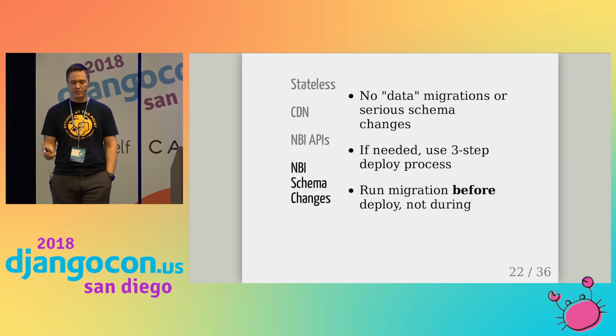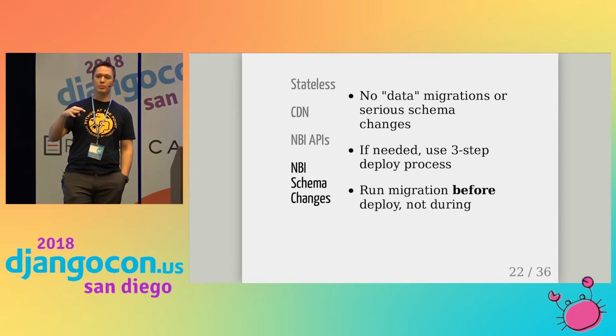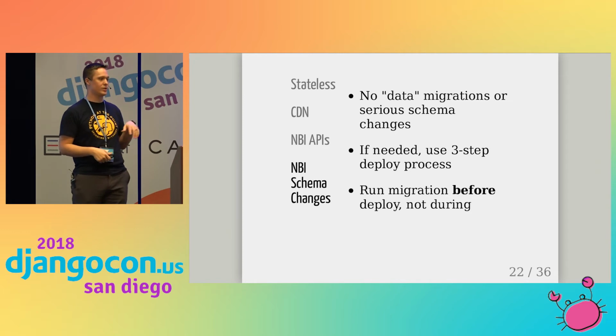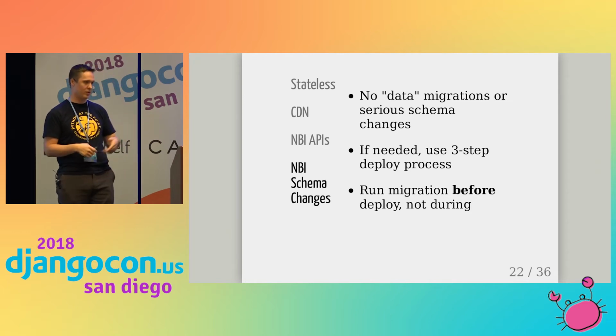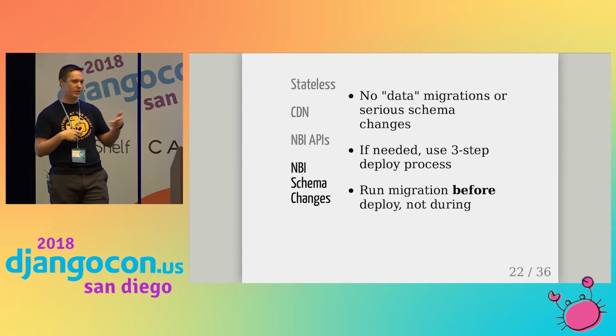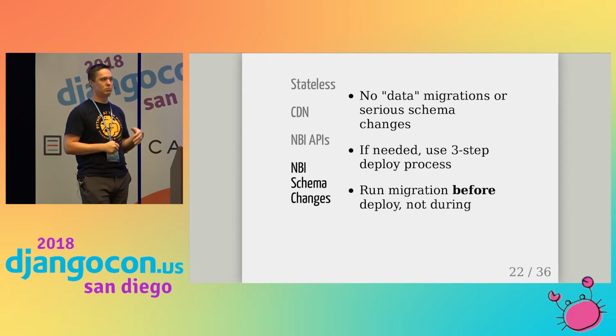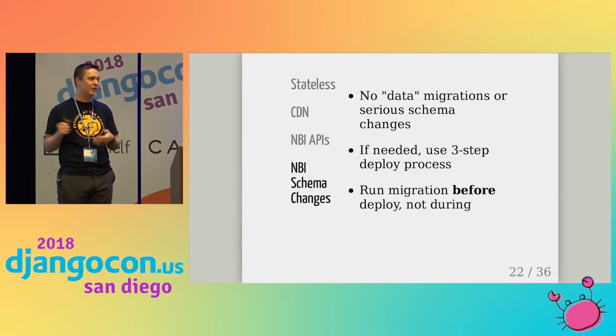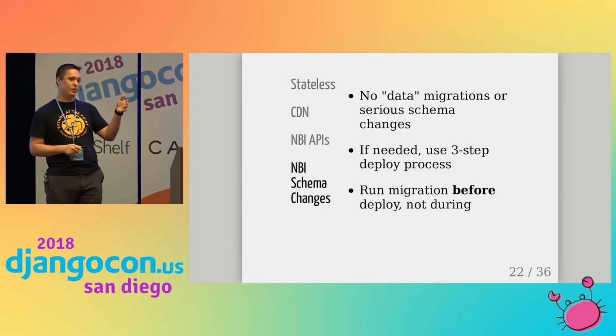And then the last hint is you should always run your migration before you deploy, not during. A lot of people get in the habit of just running the migration and spinning up the server. So every time you spin up a server, it's trying to run the migration. If you accidentally make your migration, like let's say you're not using Django to do it, you could end up running your migration over and over.